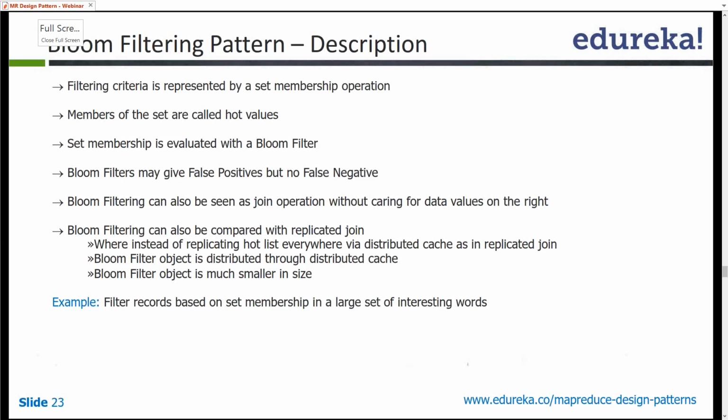So Bloom filter helps by maintaining a set membership. The records which have to be filtered in are actually part of a set, and anything which is part of this set is called hot values. Now you might say, why is Bloom filter required for that purpose?